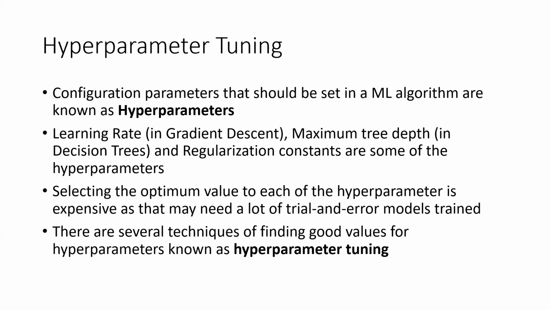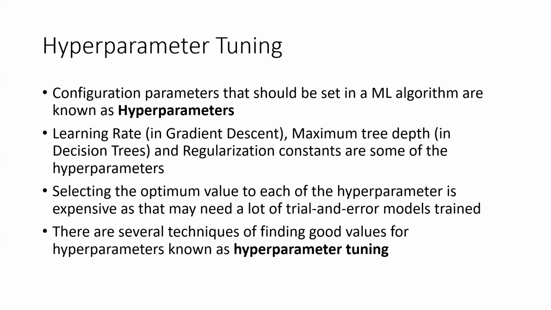So the idea of using hyperparameter tuning is to get a better machine learning process, so that we will get models with the lowest level of errors, right? In order to get the best values for hyperparameters, we have to train several machine learning models with trial and error, which is a time-consuming process.